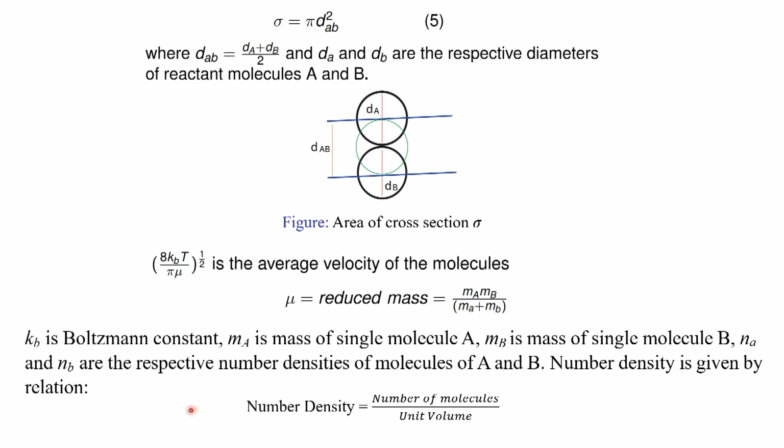Number density is the number of molecules per unit volume. So number density has unit of volume to the minus 1, or length to the minus 3.